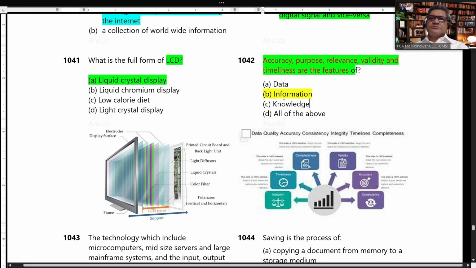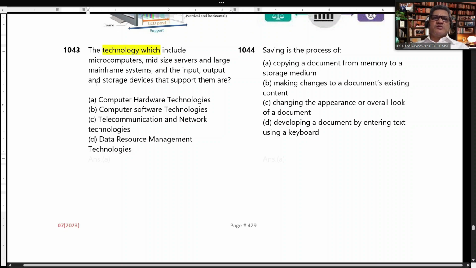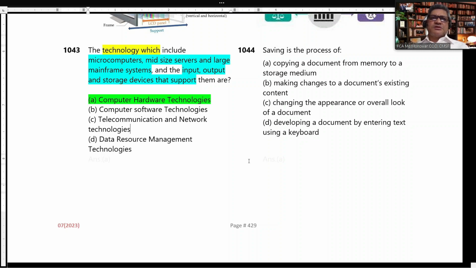The technology which includes microcomputers, mid-size servers, and large mainframe systems, and the input-output and storage devices that support them, is computer hardware technology.